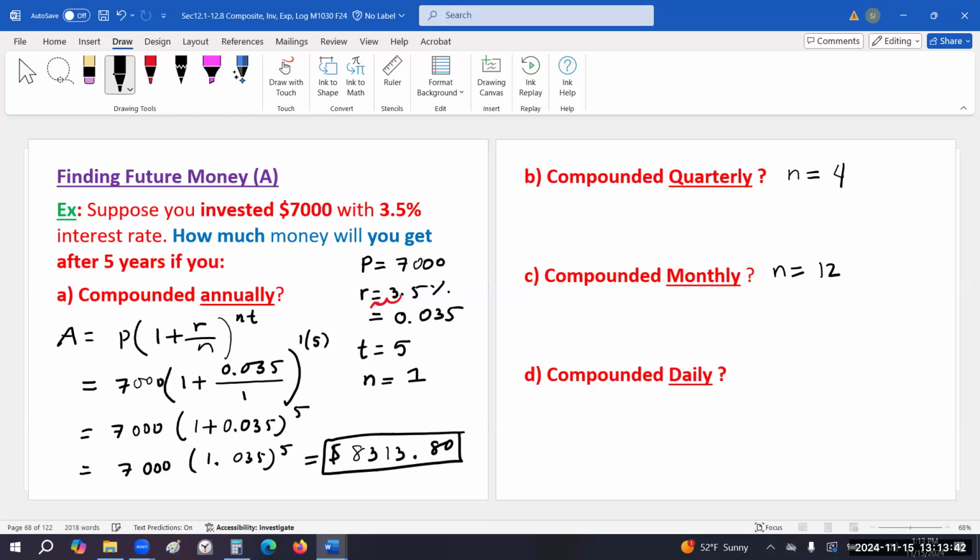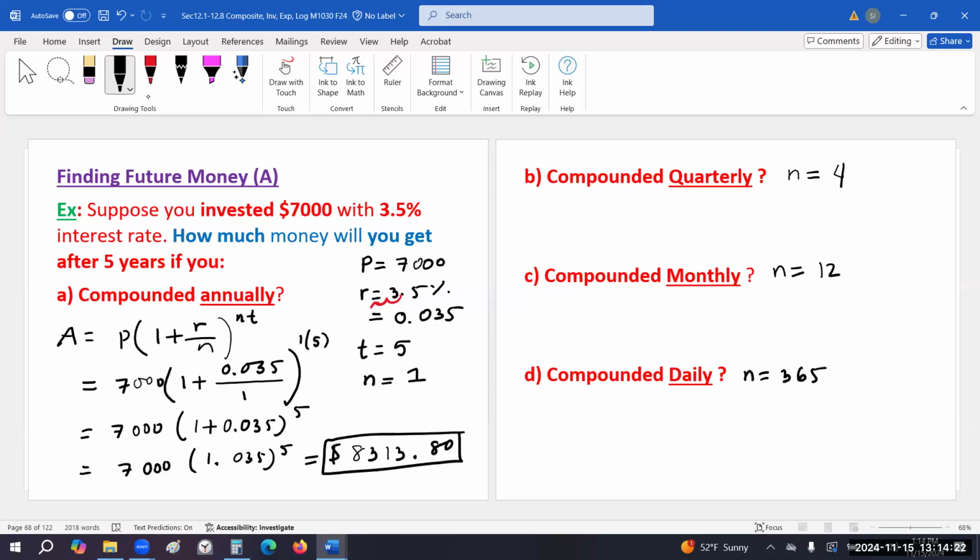And if you do daily, it's 365. So you rewrite this equation. The exact same formula, just the Ns are different. And if you want, you can put everything in the calculator, if you know how to put everything in the calculator.